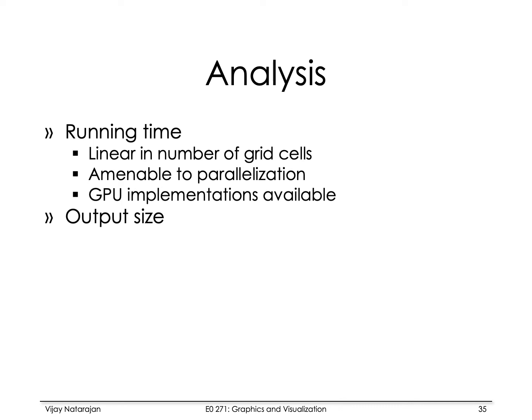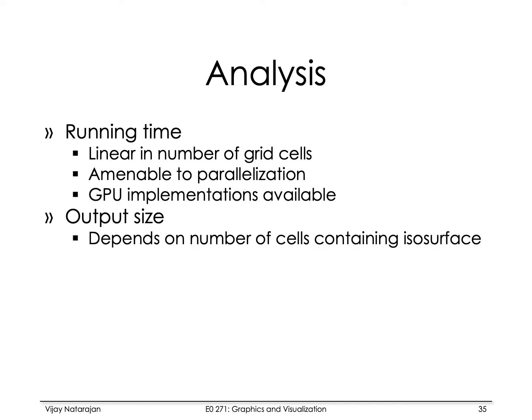So I talked about output size, the number of triangles that come from the isosurface. So here is another aspect of this. So every grid cell contains at least two triangles corresponding to the isosurface. The size of the output really depends on the number of cells that contain the isosurface.